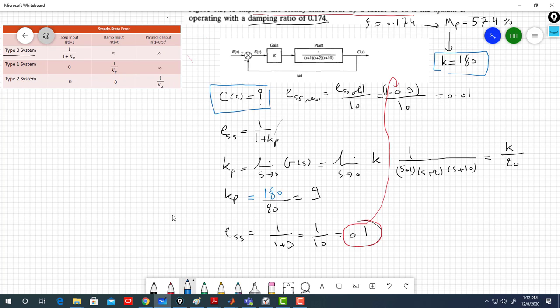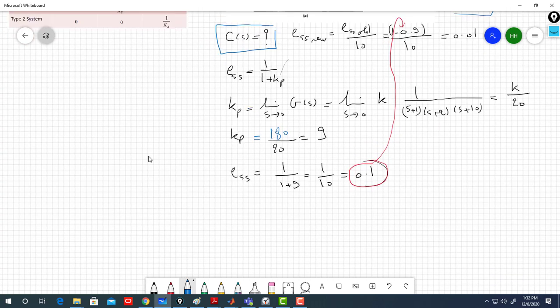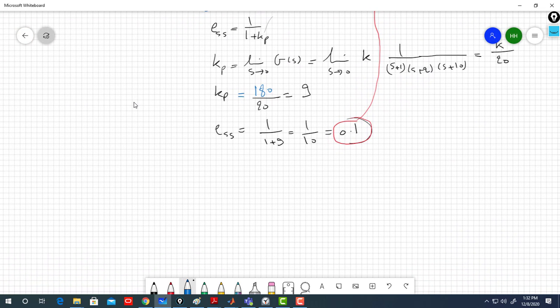Okay, so then we need to use an integral, because we know integral will eliminate the steady state error, but I need to reduce it. So then we use a lag or lead compensator. So we'll use a lag compensator.